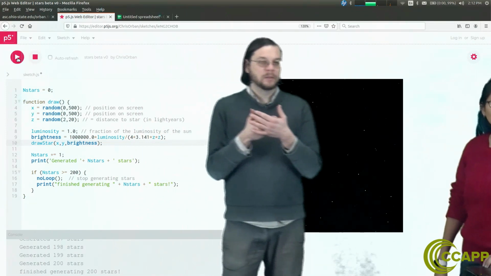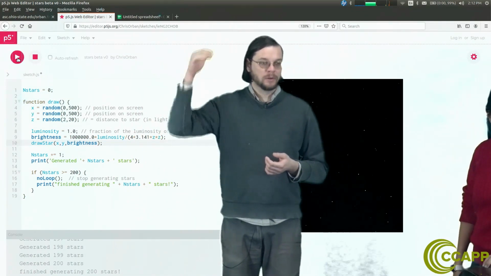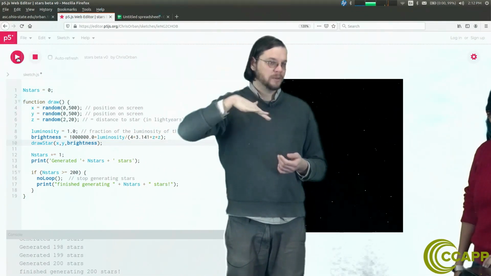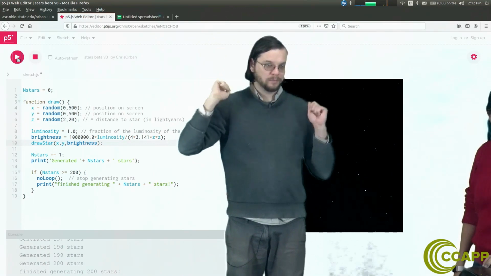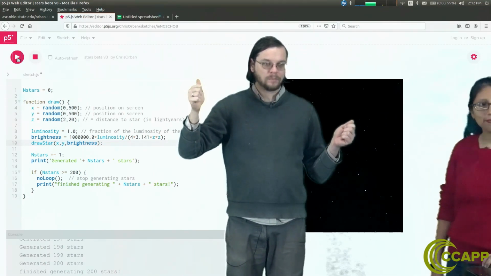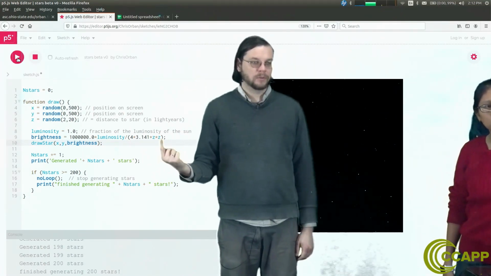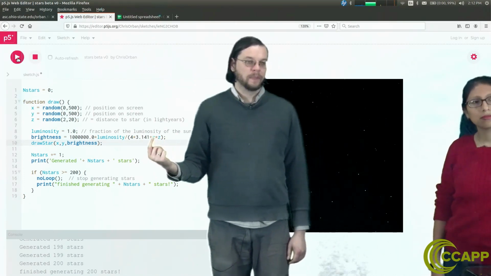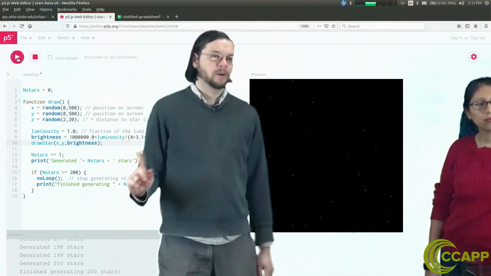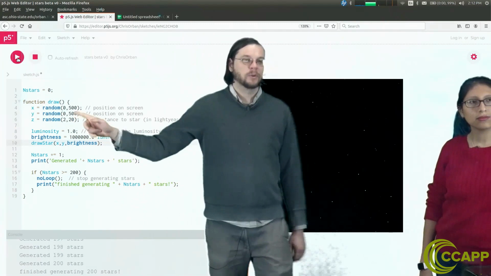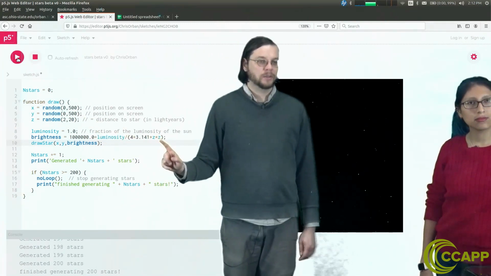And so z is very small, and so anything divided by something small becomes something big, right? Correct. And so if z is very close to us, is very small, then it's going to be nice and bright. But if z is far away, if this is 20, then 20 squared, that's a pretty big number.